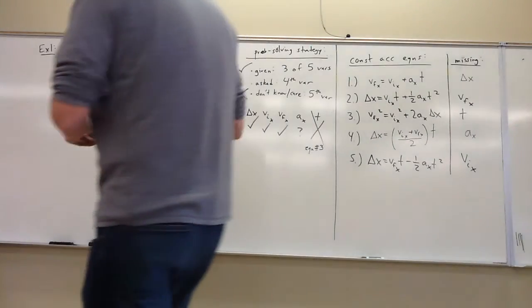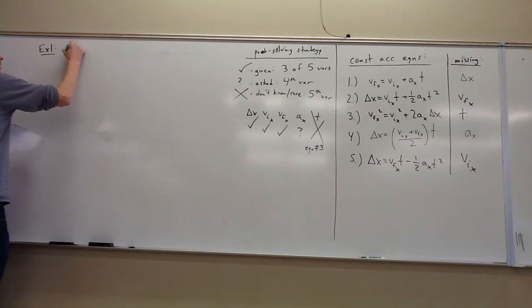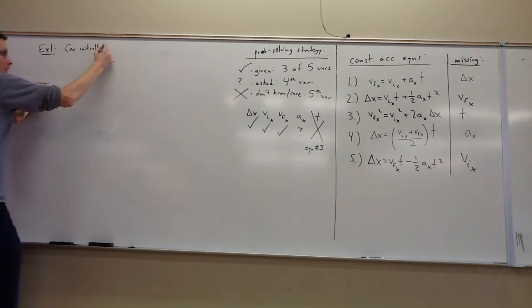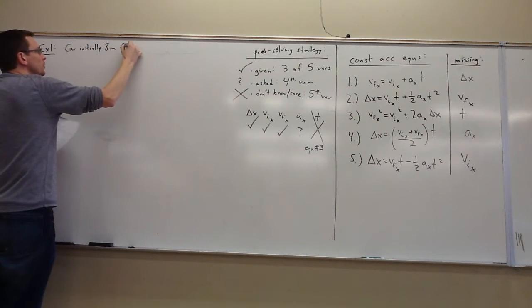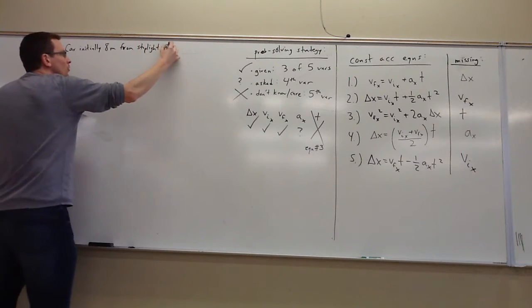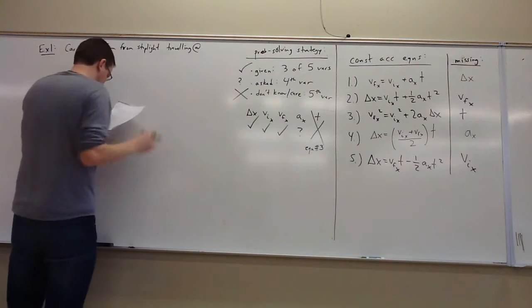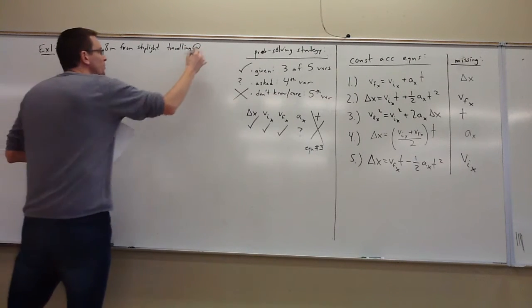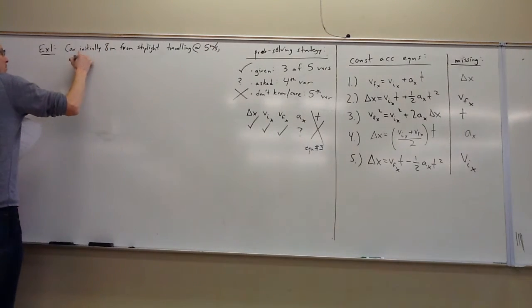Here's how the problem goes. A car is initially 8 meters from a stoplight, traveling at 5 meters per second when the light turns red.